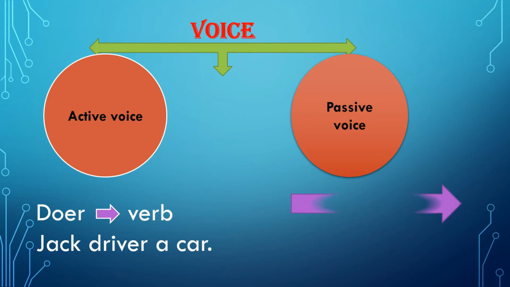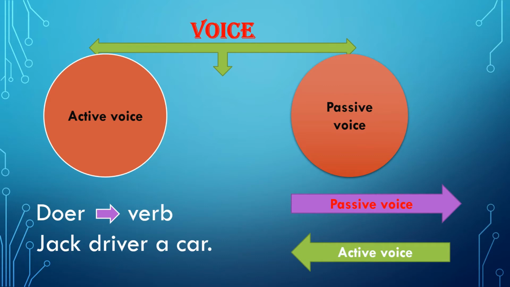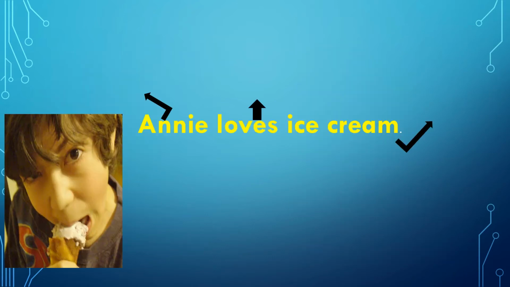What is passive voice? Passive voice is the opposite of active voice. It is the opposite of active voice. We have already learned about subject, verb and predicate. Subject is the one who is being talked about in the sentence, or he could be the doer of the action.